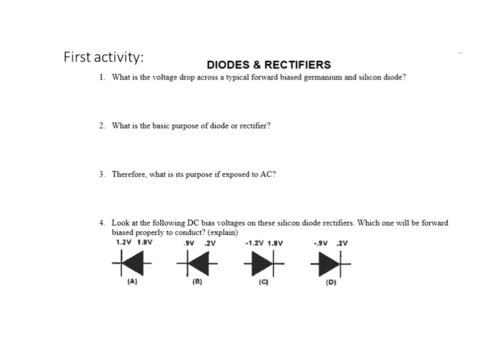As it turns out, there are two kinds, but I want you to focus on the silicon. I haven't seen anything on germanium for about 5 or 6 years on the CET exam, so they're moving more towards silicon only. What is the voltage drop across the typical forward-biased diode?